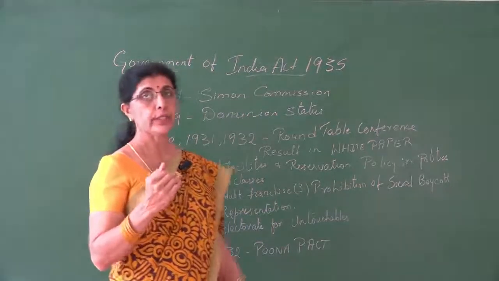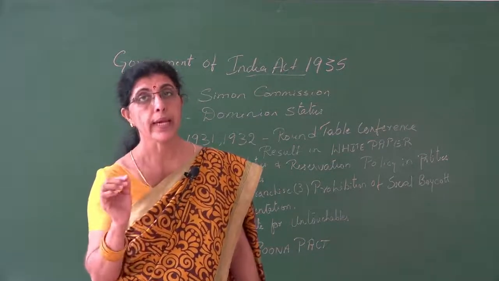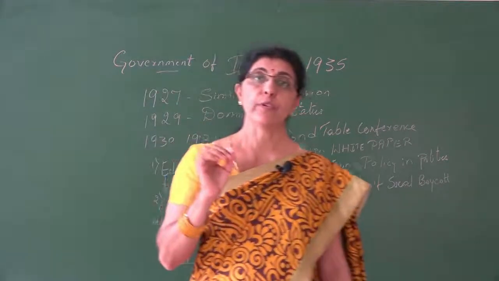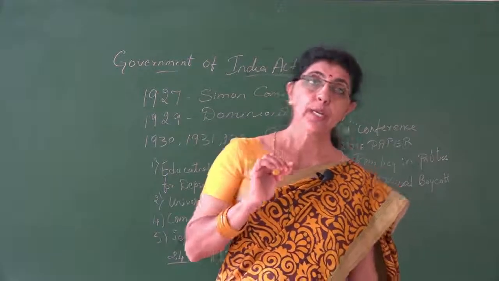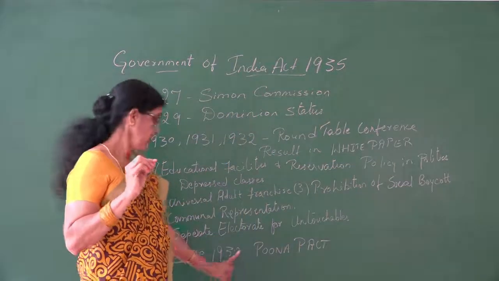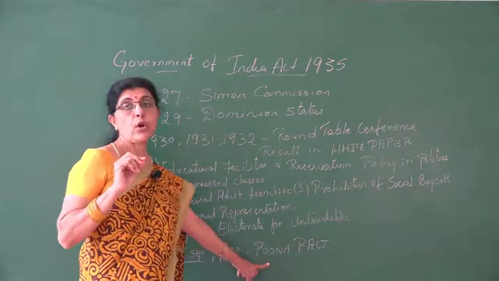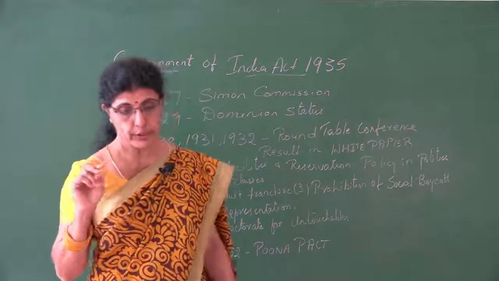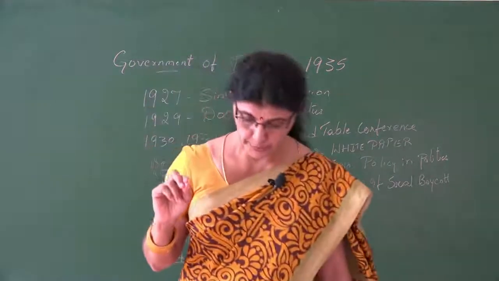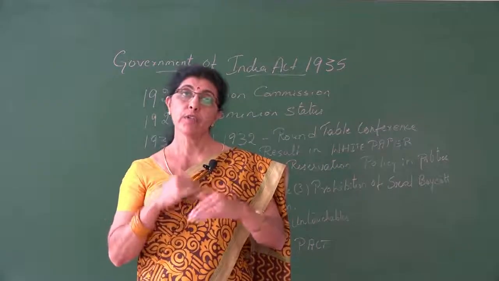On that condition, they signed an agreement. But since Gandhiji was in jail, Madan Mohan and Ambedkar signed the pact on 24th September 1932, which was called the Pune Pact. The Pune Pact was signed and Gandhiji was happy about it, and he was improving in his health conditions.